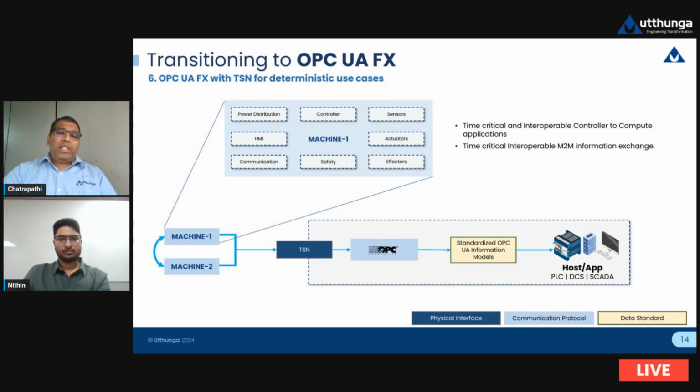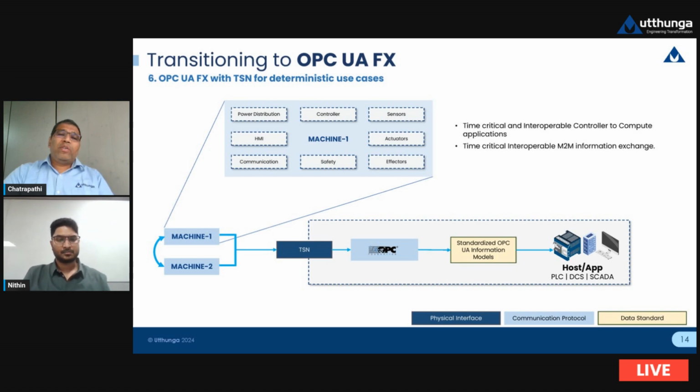Here we definitely need to talk a little more on adopting TSN. That itself comes with a few challenges, where you may have to upgrade some of the networking components in terms of hardware, and at least the staff need to be a little more trained on understanding how the TSN network works.